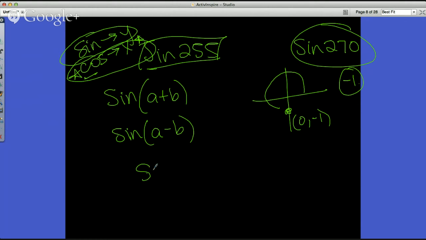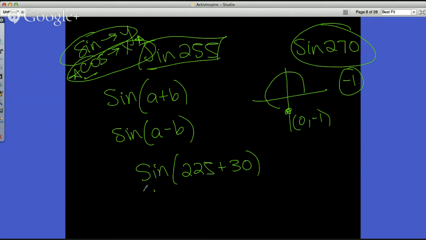Nicely done, Mackenzie. Good. So 225 plus 30. With using sine, we call that the sum and difference formulas. And again, you'll have these formulas there. But if you don't have it on the unit circle, you can add or subtract two things together to equal that.